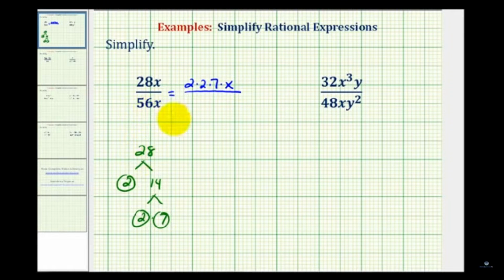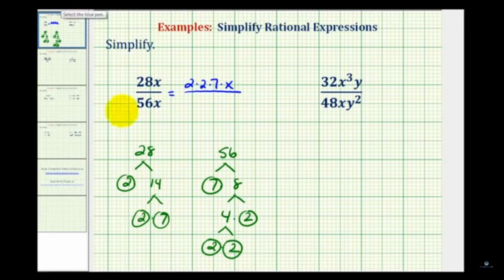Now we'll make a tree for 56. We can write 56 as 7 times 8, 7's prime. 8 is equal to 4 times 2, and 4 is equal to 2 times 2. So the prime factorization of 56x is going to be 2 times 2 times 2 times 7 times x.